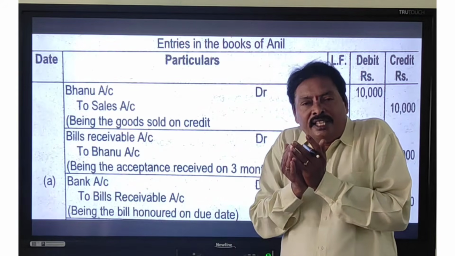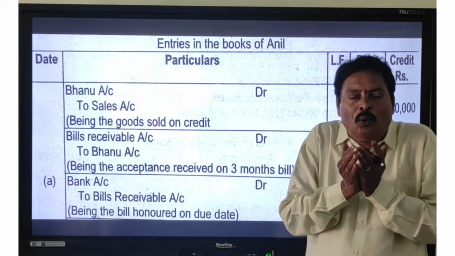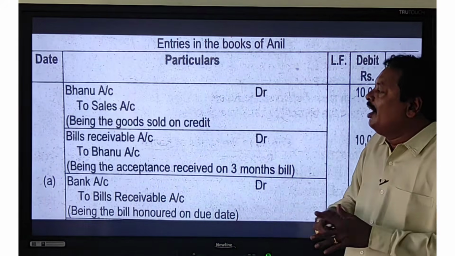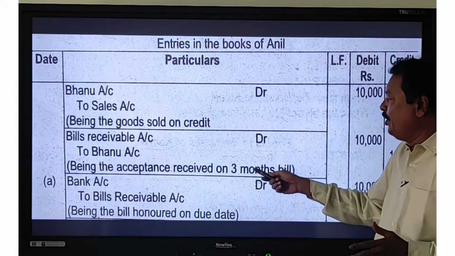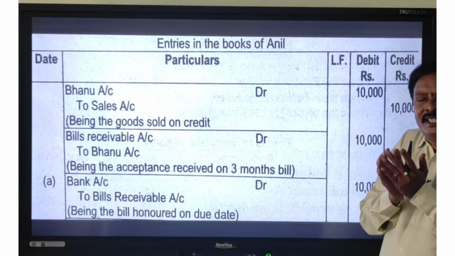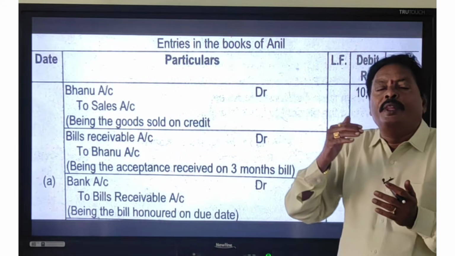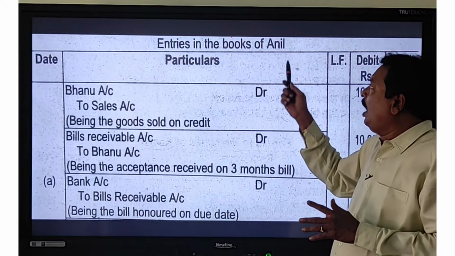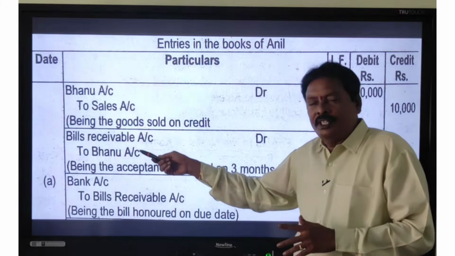After drawing the bill on Banu, Banu must give acceptance on that bill. So, being the acceptance received on this bill for 3 months. 3 months is the duration for the final payment. So Anil draws a bill on Banu. This is the situation.